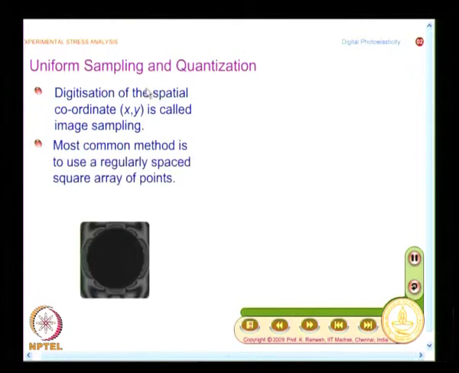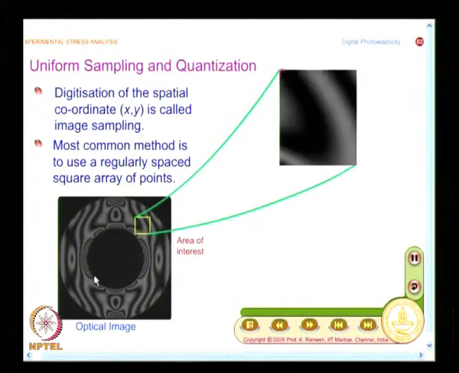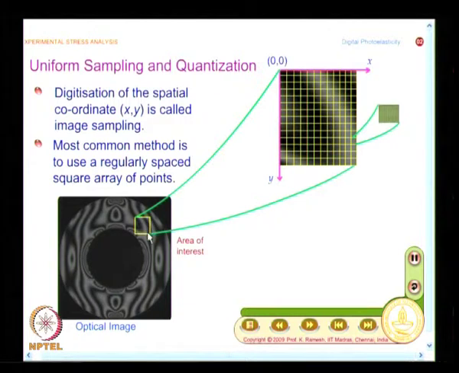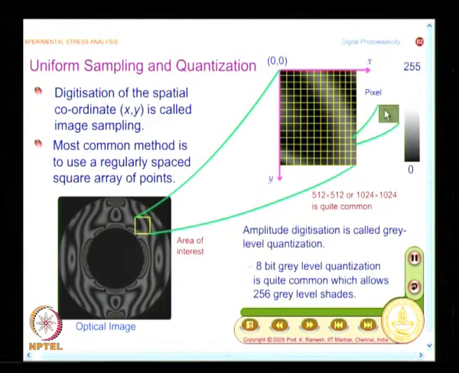First you do a spatial discretization, which you call sampling. You have an optical image, and for illustration a small zone is taken, which is looked at as an assembly of very fine small elements known as picture elements, abbreviated as pixels.